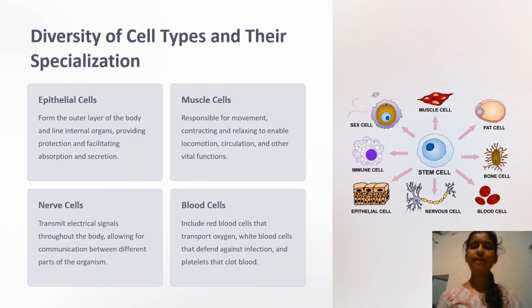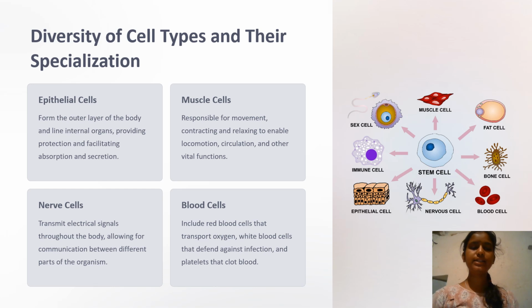And this is the diversity of cell types and their specialization. Firstly, we look at epithelial cells. They form the outer layer of the body and line internal organs, providing protection and facilitating absorption and secretion. Next is muscle cells. They are responsible for movement, contracting and relaxing to enable locomotion, circulation and other vital functions.